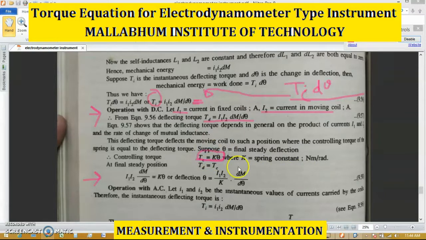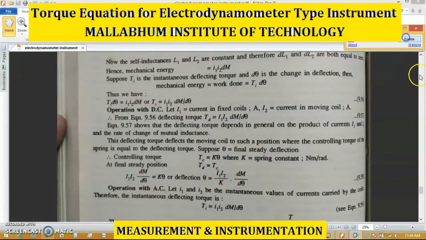Controlling torque Tc is k into theta, spring constant responsible for the spring, which is responsible for moving the pointer to the 0 position after excitation or removal of excitation. So at the final or steady state position, when these two are equal, the deflection is I1 I2 by k into dM by d theta. So you can see that this theta is almost proportional to I1 and I2, that means the square of the current.